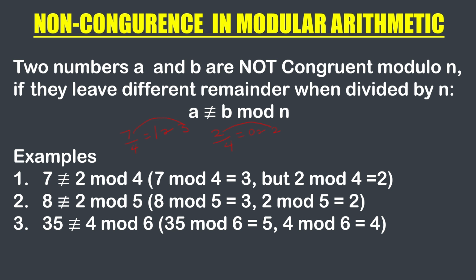So 7 mod 4 equals 3, but 2 mod 4 equals 2. So they are not congruent. So as 8 is not congruent to 2 mod 5, 8 mod 5 equals 3, 2 mod 5 equals 2. 35 is not congruent to 4 mod 6. 35 mod 6 equals 5, 4 mod 6 equals 4.